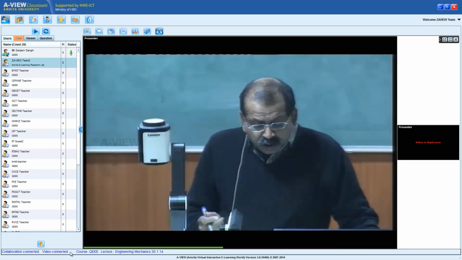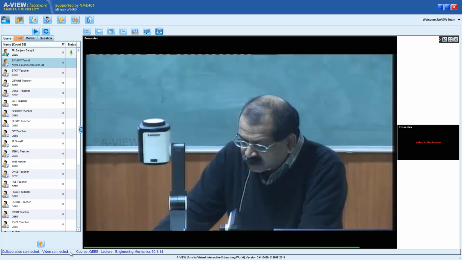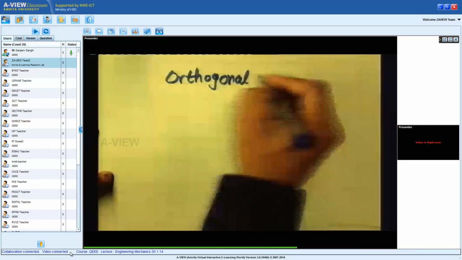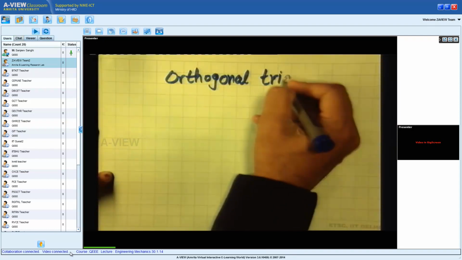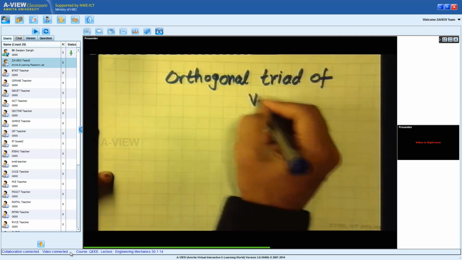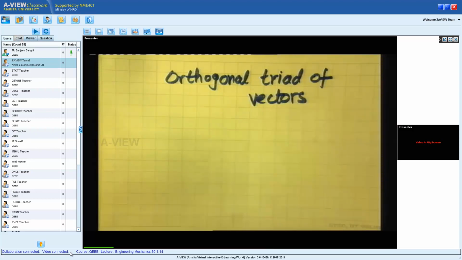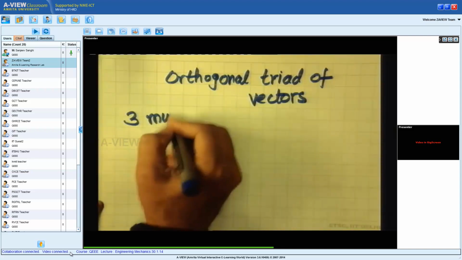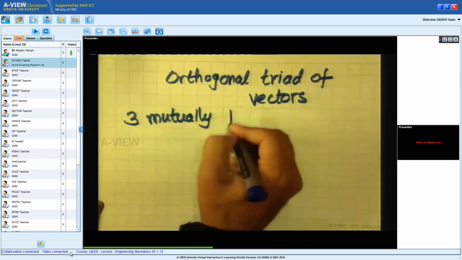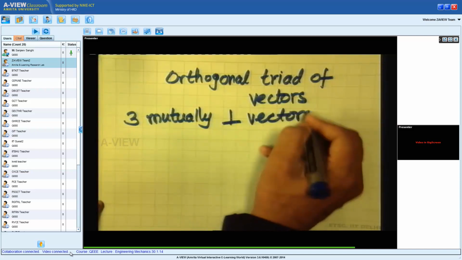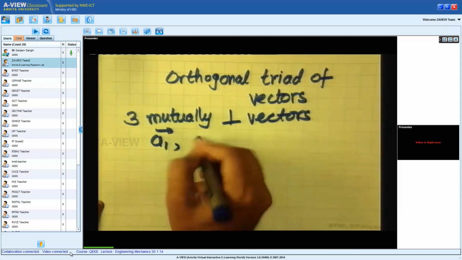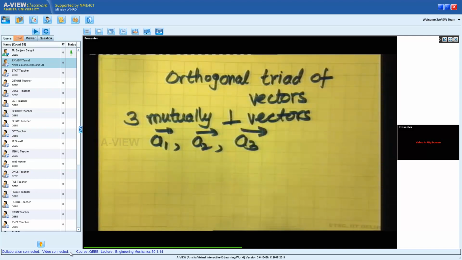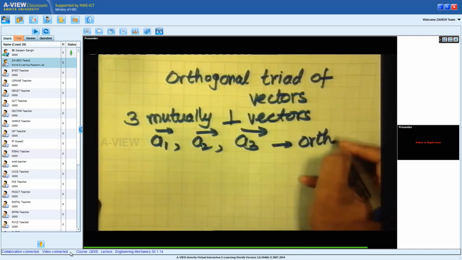Now, using this cross product, I'll define something, firstly let me define an orthogonal triad of vectors. If I have three mutually perpendicular vectors, A1, A2, A3, we also use another word for these.